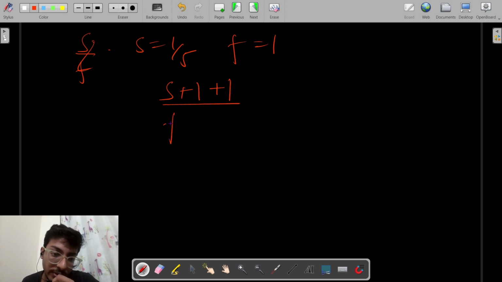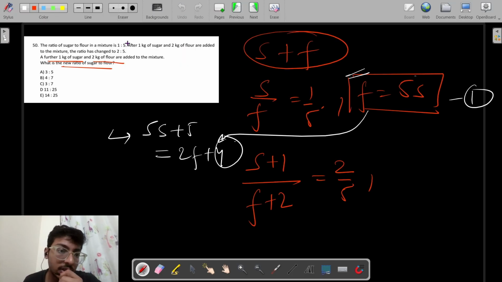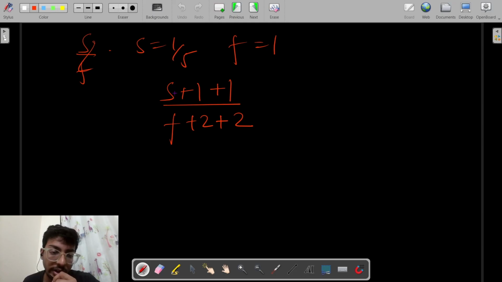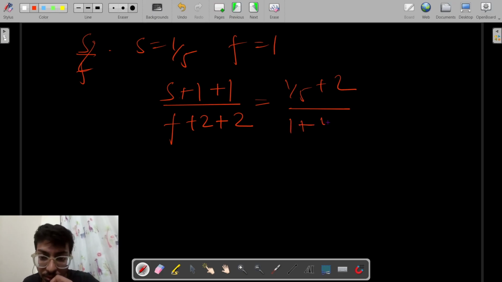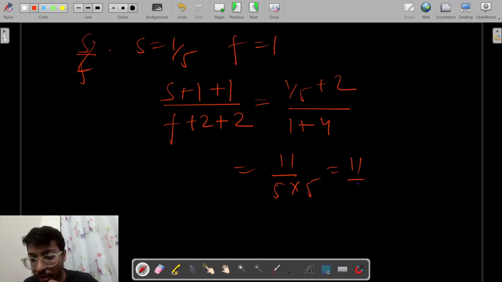Same goes with the flour. First time I added 2 kg, then I'm again adding 2 kg. So you can write s as 1 plus 1, f as 2 plus 2. So your s is 1 by 5 plus 2, and this f is 1 plus 4. So this can be simplified as 11 by 5 into 5, that is 11 by 25.